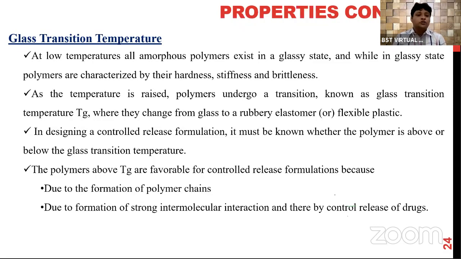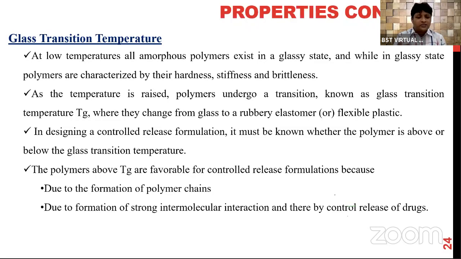For designing a control release formulation, you have to see what the glass transition temperature was for the particular polymer we have selected, because depending on it, the properties of the polymer will change.